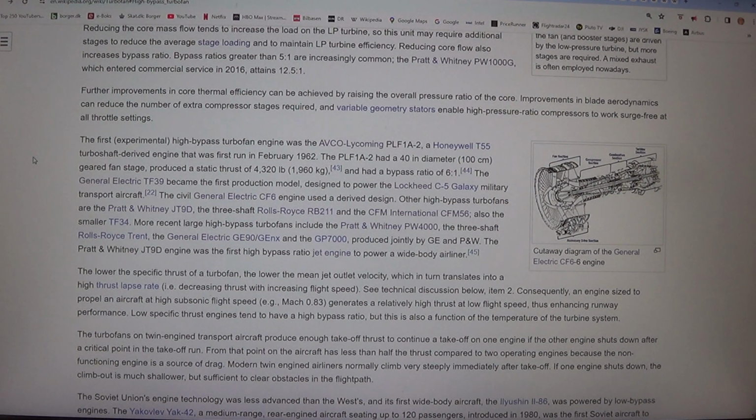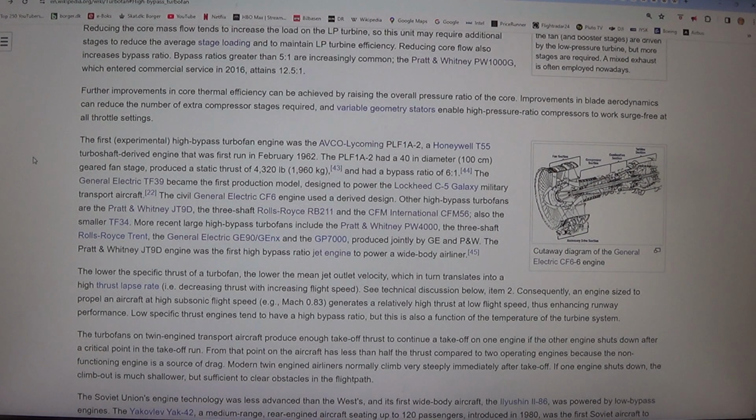The civil General Electric CF6 engine used a derived design. Other high-bypass turbofans are the Pratt & Whitney JT9D, the three-shaft Rolls-Royce RB211 and the CFM International CFM56, also the smaller TF34.